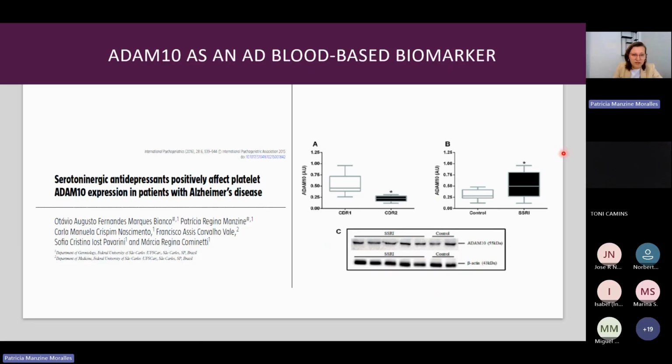So we have an increase in patients using these serotoninergic antidepressants. These results alert us to the influence of medications on ADAM10, which should be carefully considered in the analysis.